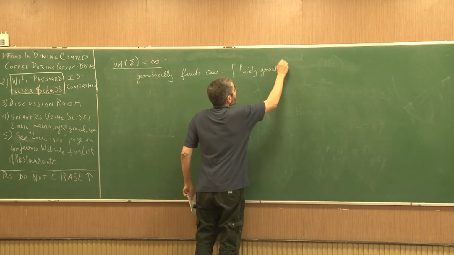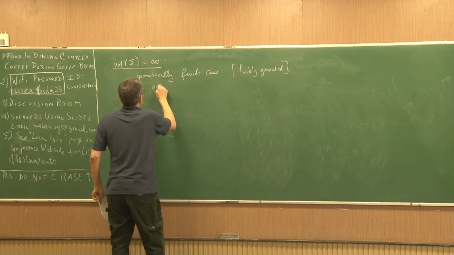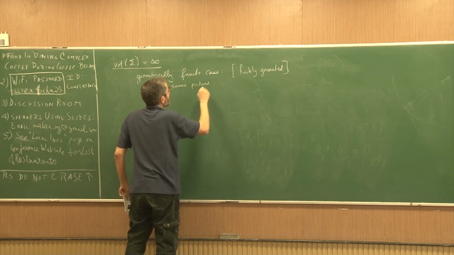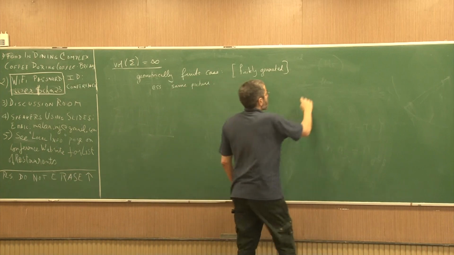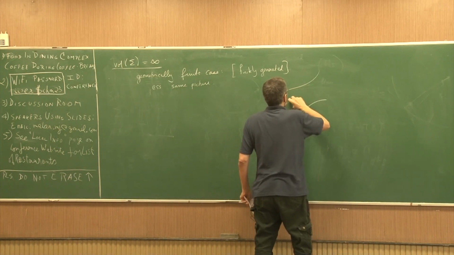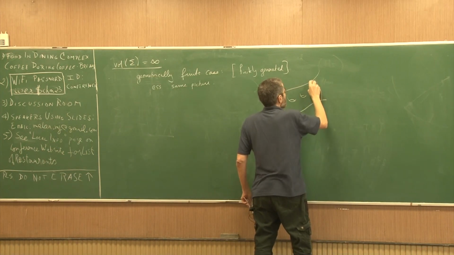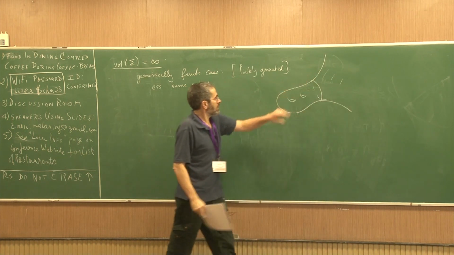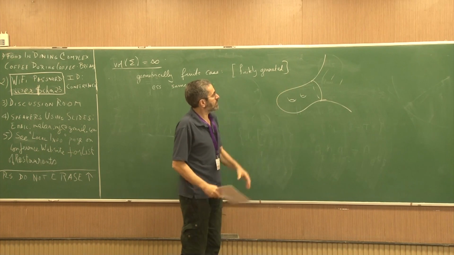And then there's essentially the same picture, except, so it looks kind of like this. Here's an example of an infinite area geometrically finite surface. It has infinite area out here in this end, and then there's some finite part over here.